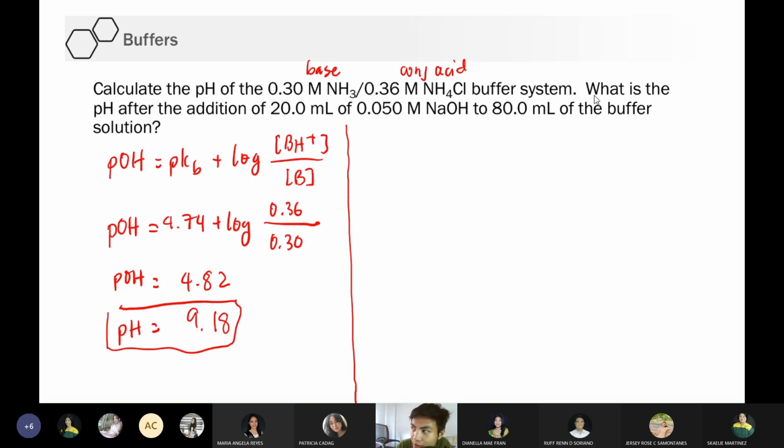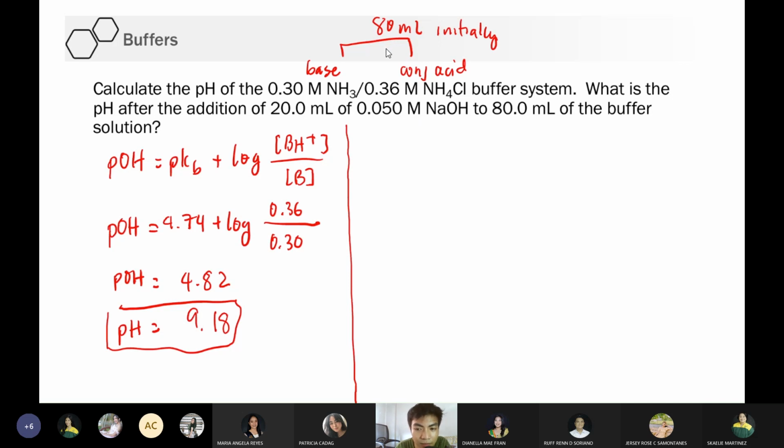So, for the next question, sabi dyan, what is the pH after the addition of 20 ml of 0.05 molar sodium hydroxide to 80 ml of the buffer solution? So, ibig sabihin, itong solution natin, siya ay 80 ml initially. Dinagdagan tayo ng 20 ml ng sodium hydroxide, of this concentration.